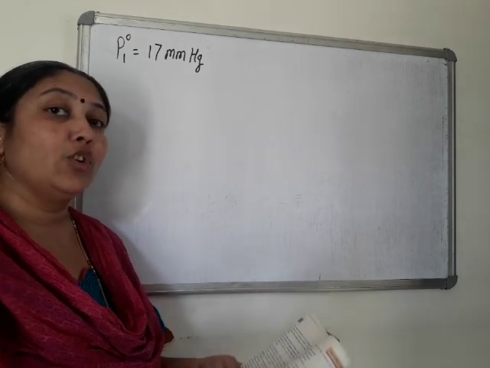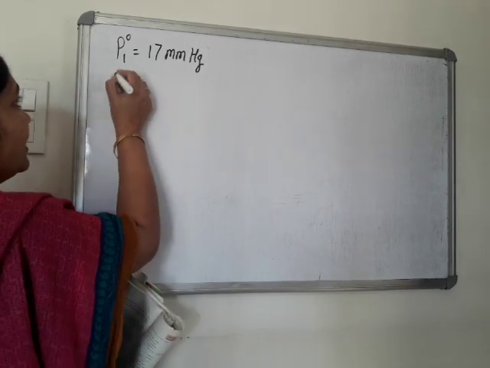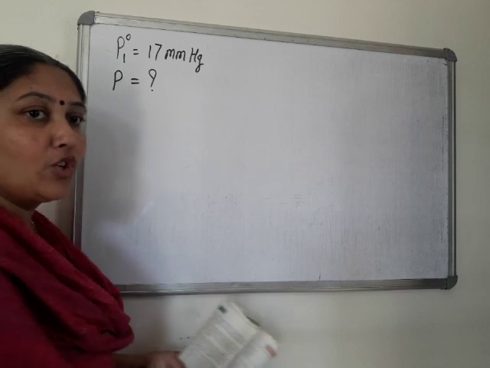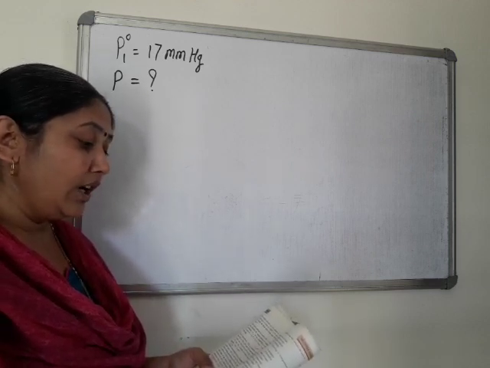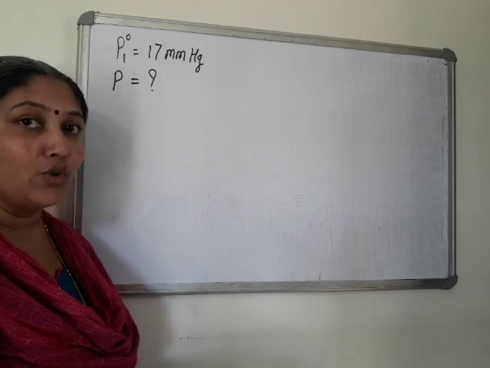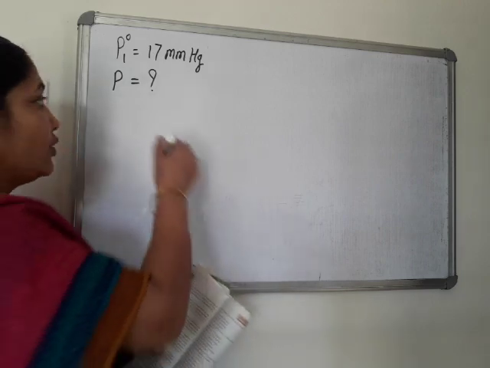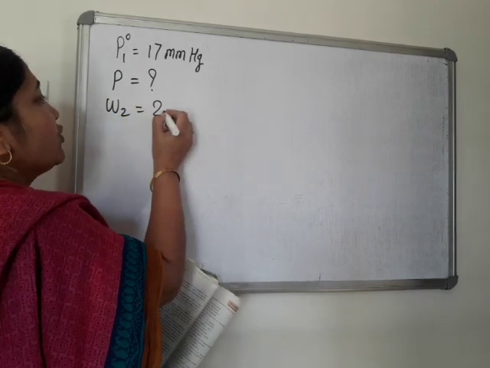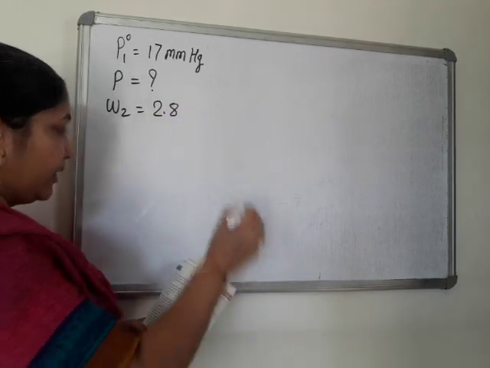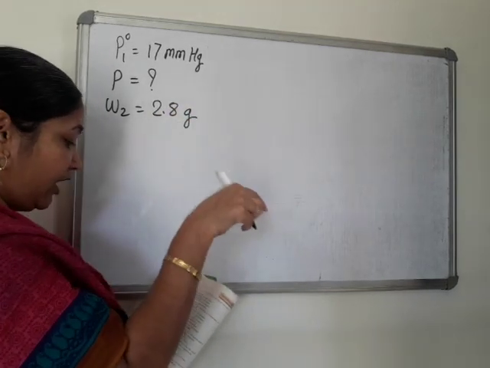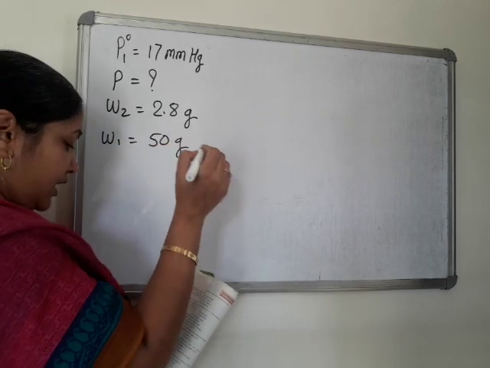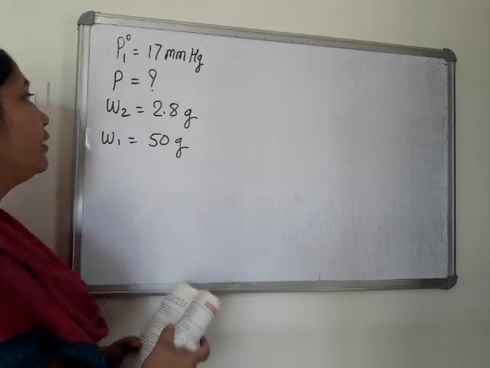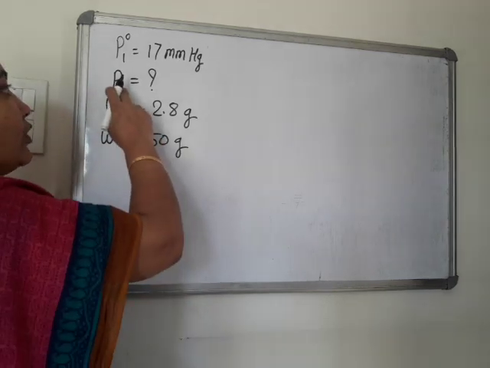Calculate vapor pressure of solution means we have to find P. Vapor pressure of solution is denoted as P. Then solution containing 2.8 gram of urea, which is the solute. So this is W2, it is 2.8 gram. And in 50 gram of water, so W1 solvent is 50 gram. And the question is to find P.